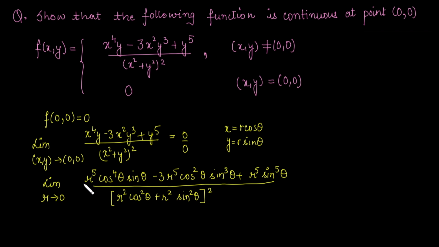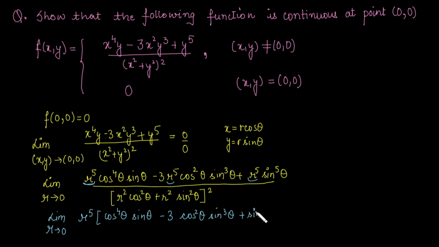From here, you can observe that r raised to power 5 is a common term in the numerator. So we can write this as the limit as r approaches 0 of r raised to power 5 times (cos to the power 4 theta sin theta minus 3 cos square theta sin cube theta plus sin theta to the power 5), divided by, in the denominator we have r square, so we can take r square common.